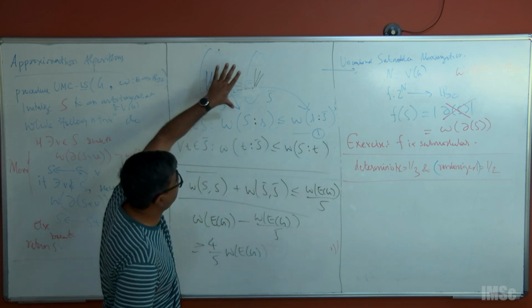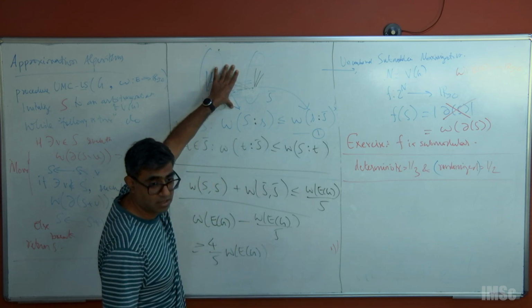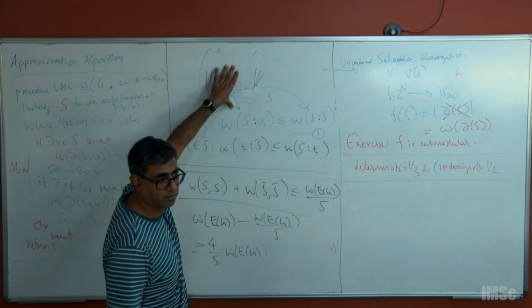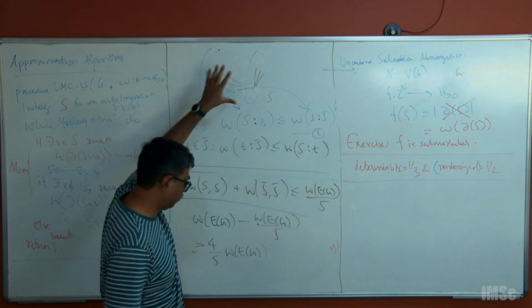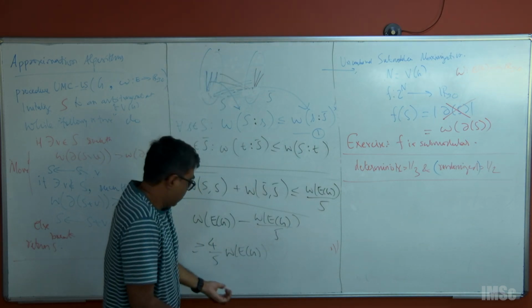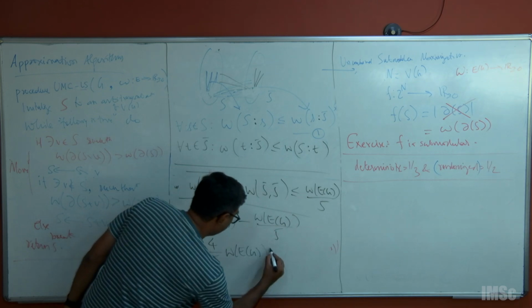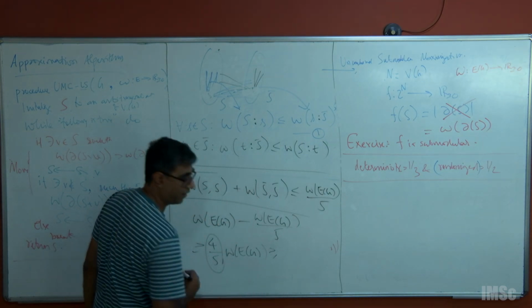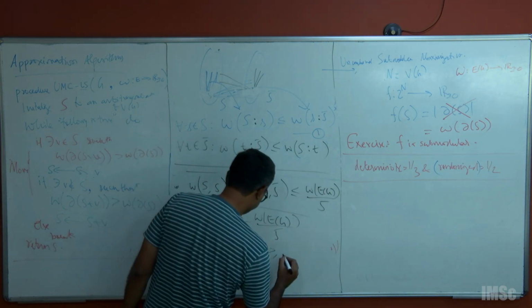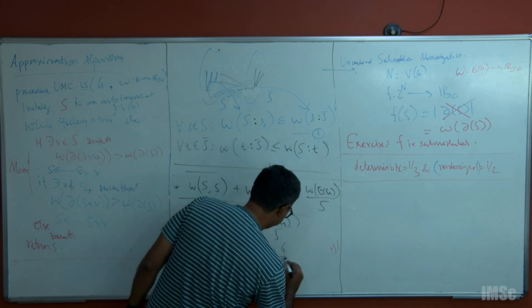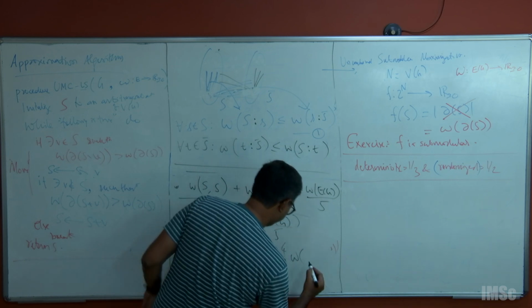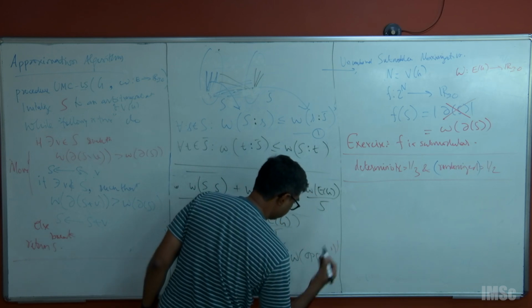But look at any max cut, its value cannot be more than weight of EG, no? So this implies a 4 over 5 approximation, because this is greater than or equal to 4 over 5 of the weight of opt.